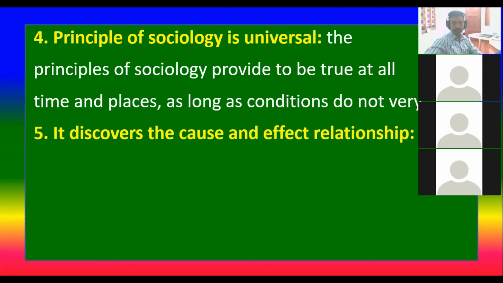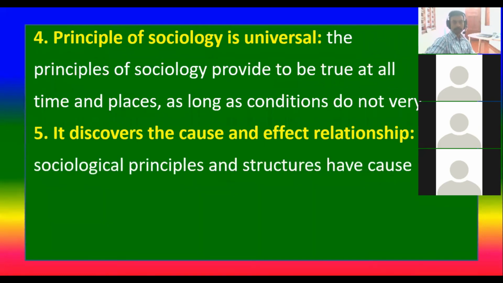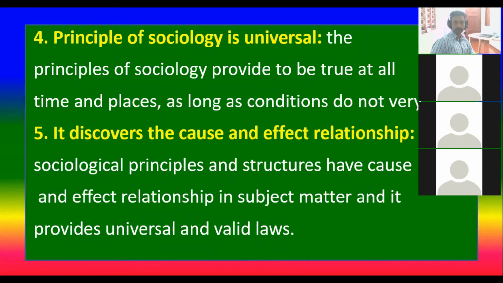Fifth one, discover the cause and effect relationship. Sociological principles and structure have cause and effect. The relationship with the subject matter provides universality. One illustration: causes of a particular disease.